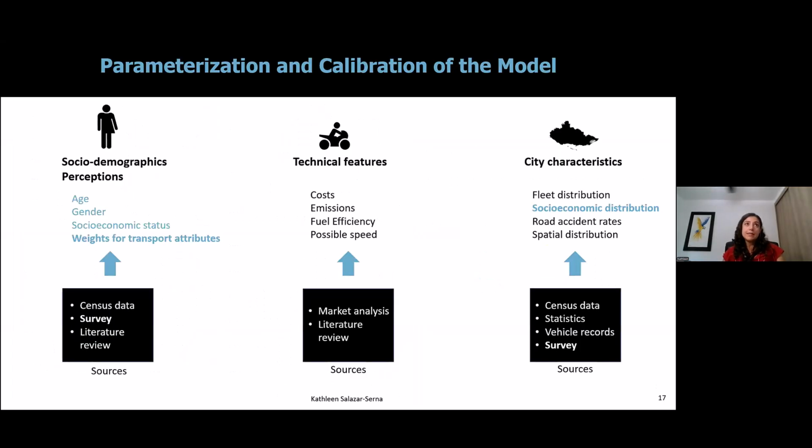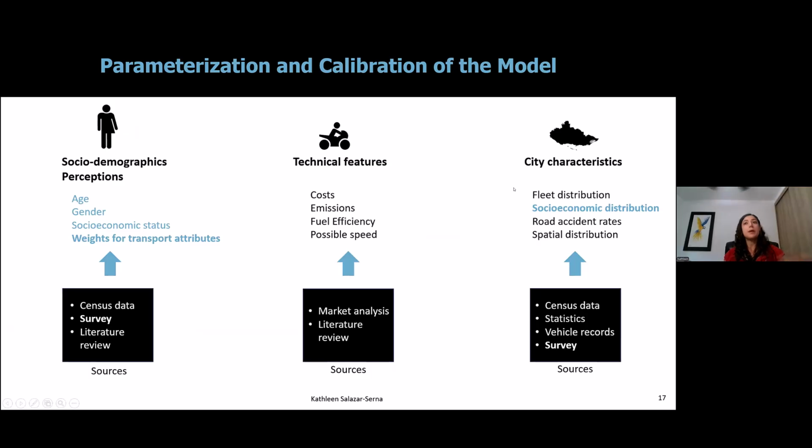About the parameterization of the model, we had to define attributes for transport users, and we have some demographics like age, gender, or socioeconomic status. We needed to define also the technical characteristics of transport modes, things like emissions, fuel efficiency, and initial speed, and so on.